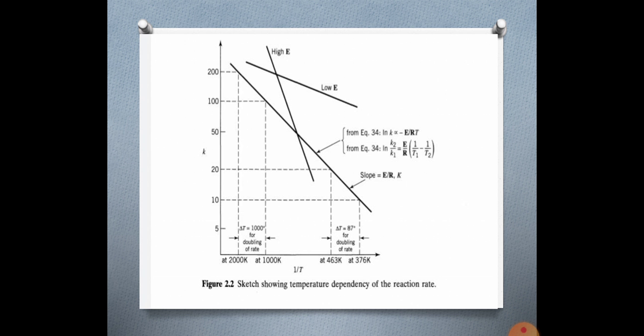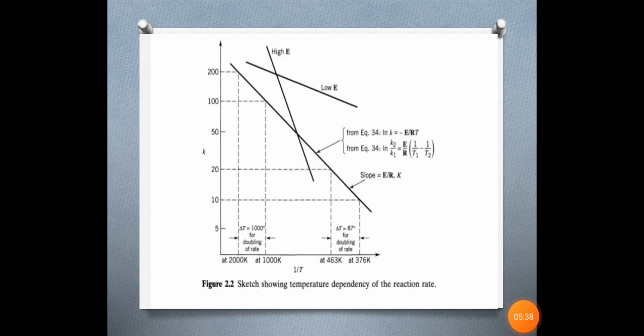According to the Arrhenius approximation, on the y-axis there is k, the rate constant, while on the x-axis there is not T, it is 1 upon T. The slope is E by R, the activation energy divided by the gas constant.